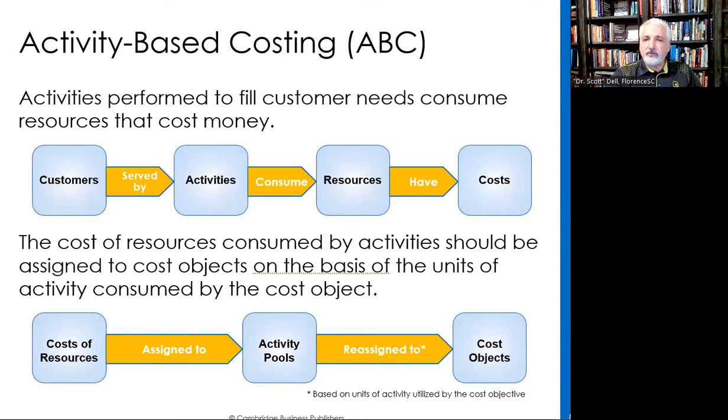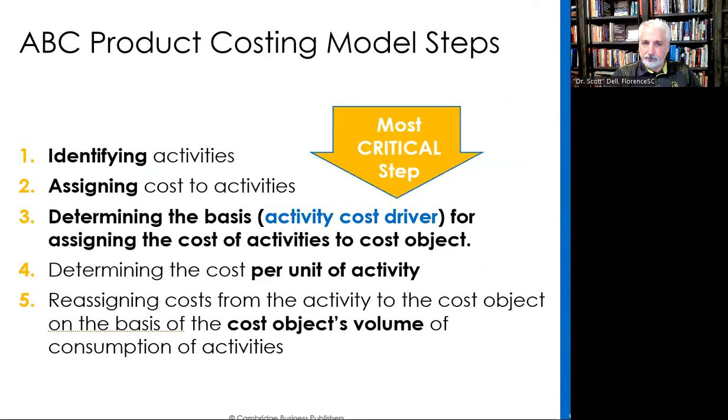In ABC, to fulfill customer needs, we have customers served by activities that consume resources, and each of those has costs associated with it. The cost of resources consumed by an activity should be assigned to cost objects on the basis of the units of activity consumed. So the cost of the resources is assigned to what are called activity pools, and they are reassigned to these objects as we go. It should become a little clearer the more we talk about it.